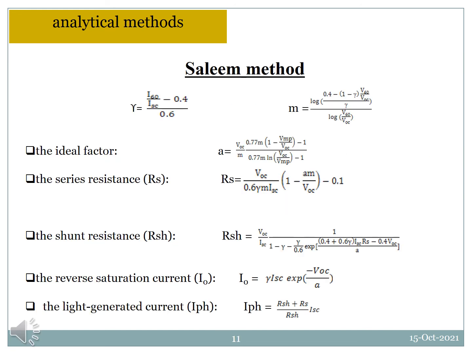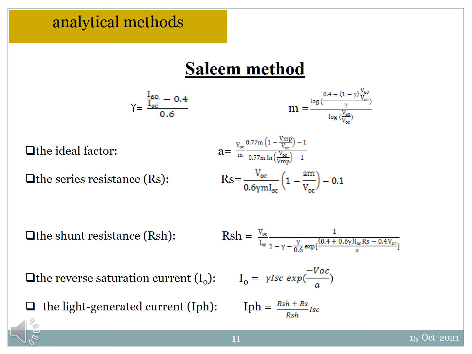According to Selim, the 5 parameters can be determined concurrently from just 4 simple measurements of the bias points of the IV curve, corresponding to the open circuit voltage and the voltage equal to 60% of the open circuit voltage, the short circuit current, and the current equal to 60% of the short circuit current.